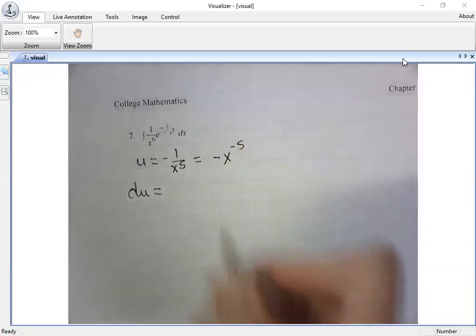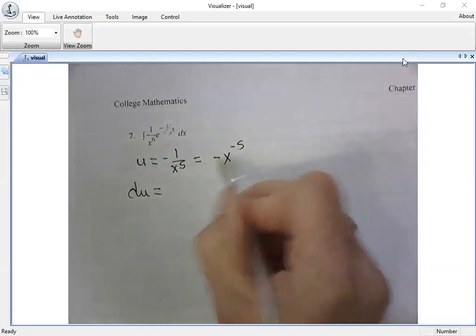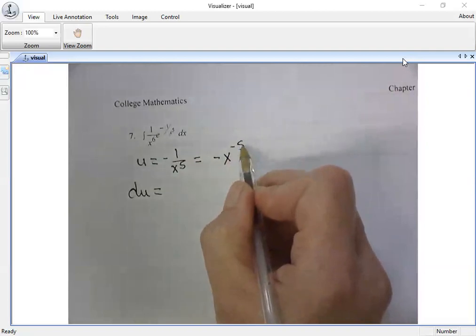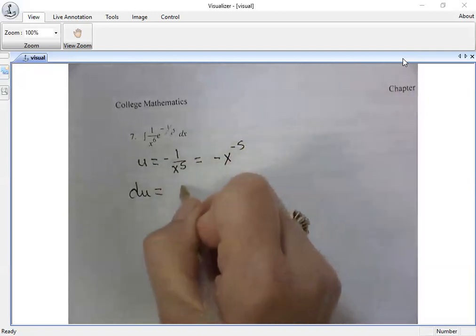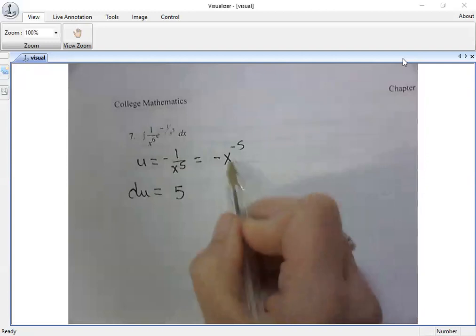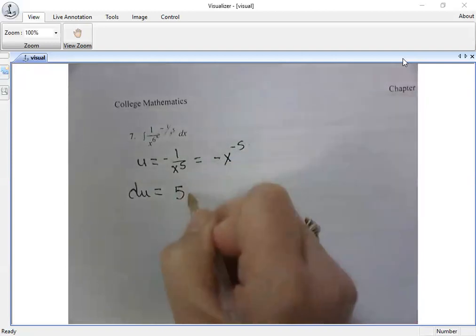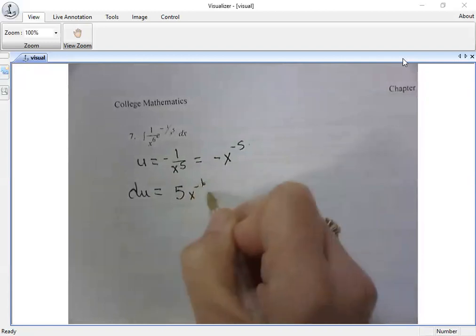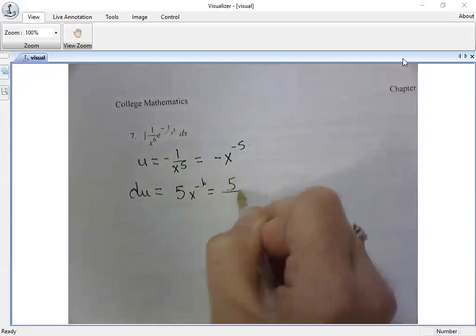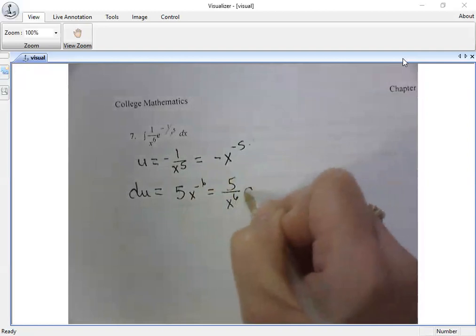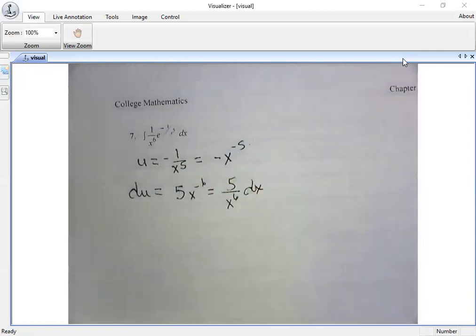What's that going to give me? The negative 1 that's here times the negative 5 in the exponent becomes a positive 5. And then, because I'm subtracting 1, that's x to the negative 6, or it would be 5 over x to the 6th. And remember, we differentiated, so that's with respect to x.